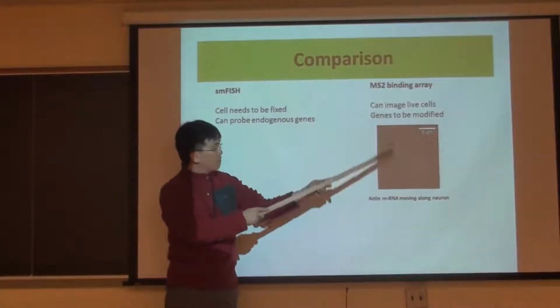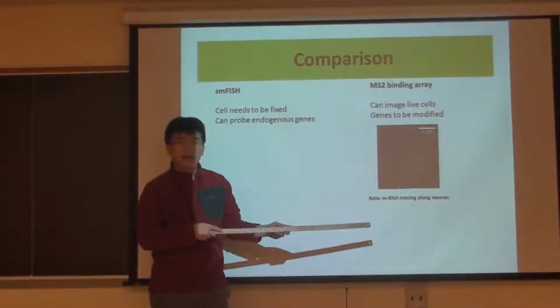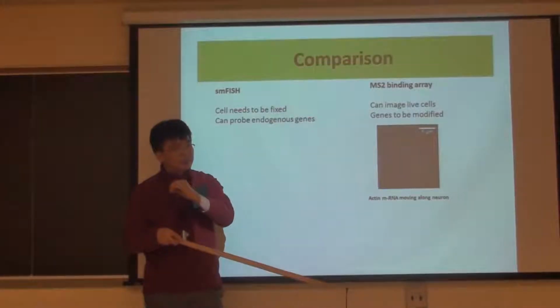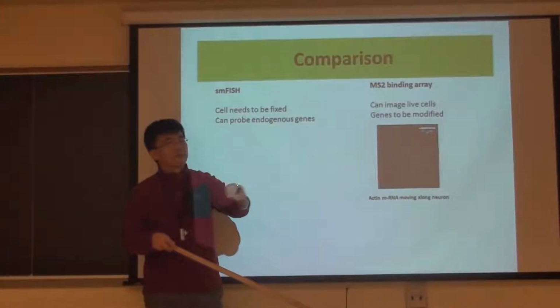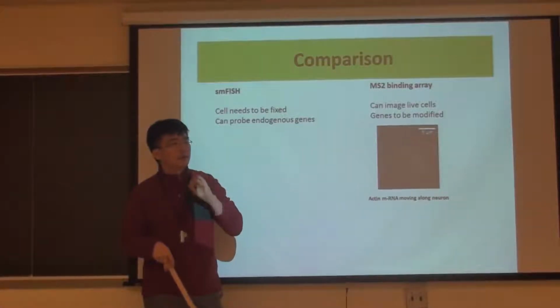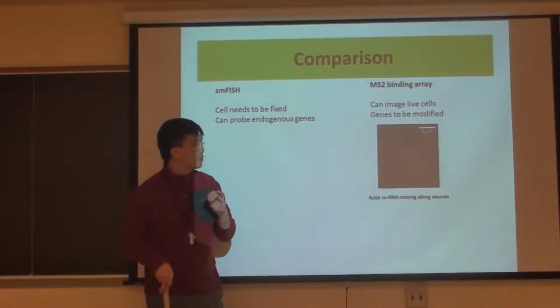In fact, I'll show you a movie here where actin mRNA, you know what actin is? Actin forms an actin filament that forms the highway track for certain motor proteins like myosin 5, myosin 6, and so on.